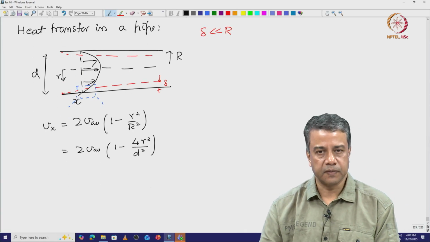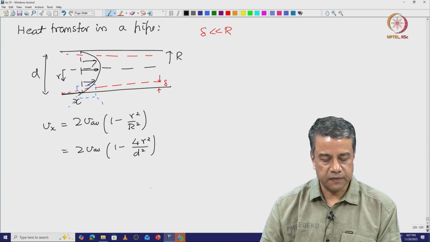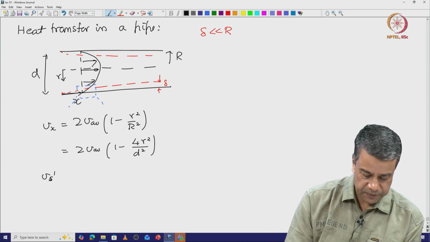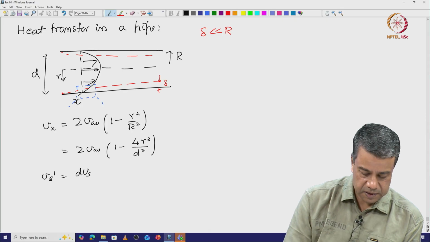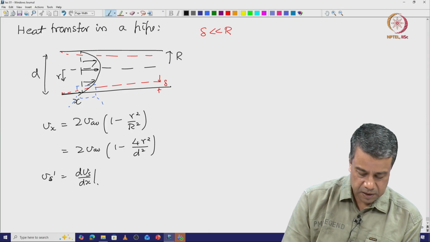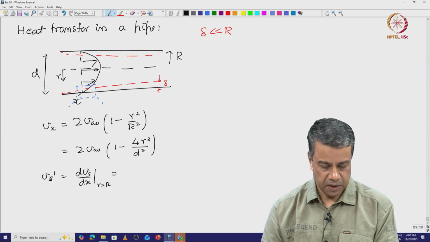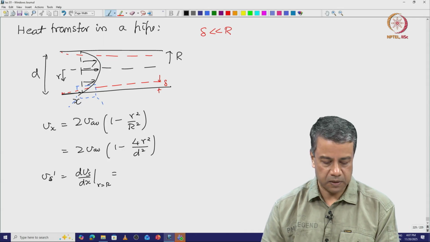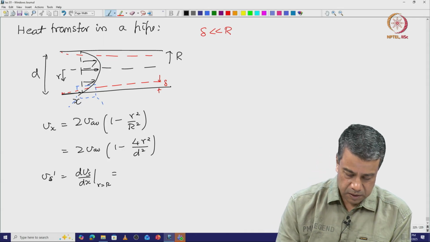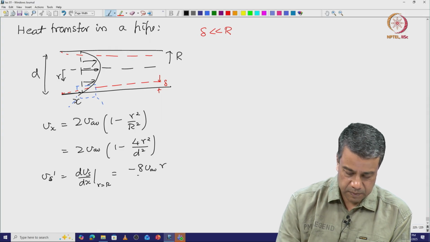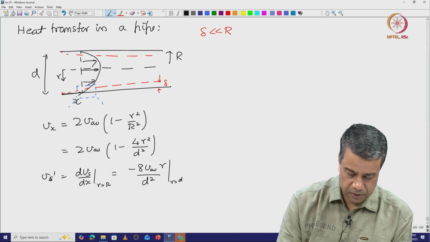Okay. Which means that the velocity gradient at the wall, Vs prime, is equal to dVx by dr at r is equal to R. Okay. If you take the derivative of this with respect to r, you will get minus 8 V average r by d square at r is equal to d by 2.